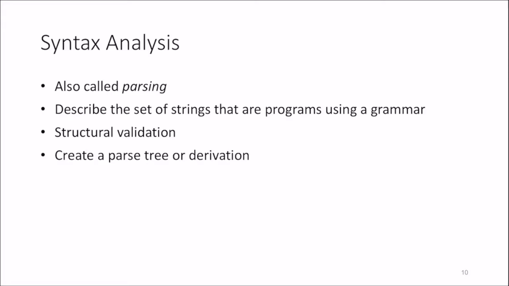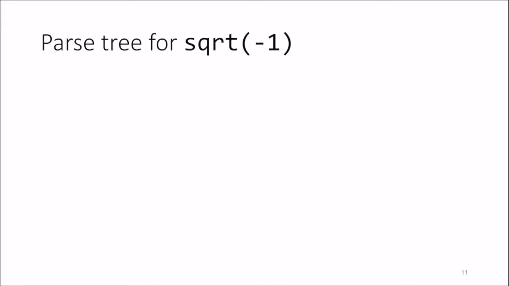And we have to have a data structure that tells us what is the valid program. The way that we store a valid program in terms of its structural analysis is as a parse tree or a derivation. So let's look at an example. It's part of the same input as before. It's the right-hand side of that assignment that we saw in the lexical analysis case.